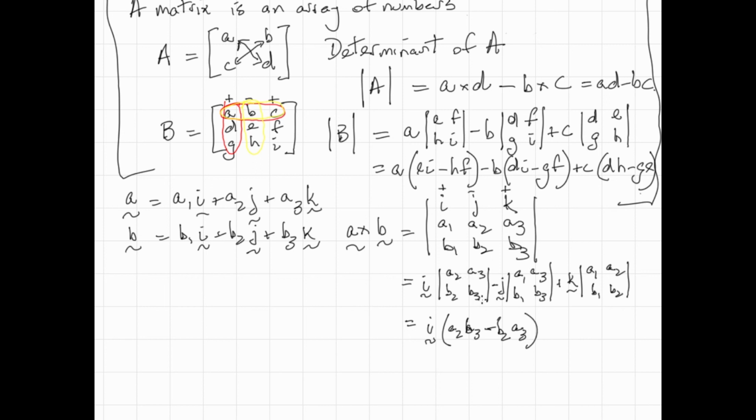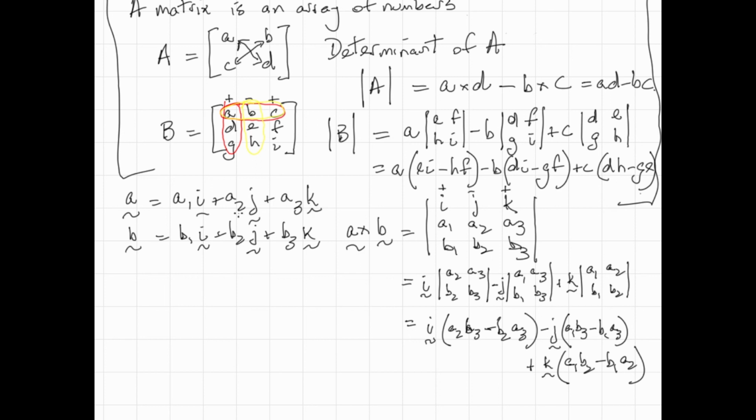So I've gone that diagonal multiplied together minus those two elements there, that diagonal, minus j, A1, B3, minus B1, A3, plus k, A1, B2, so multiplying the leading diagonal minus B1, A2.